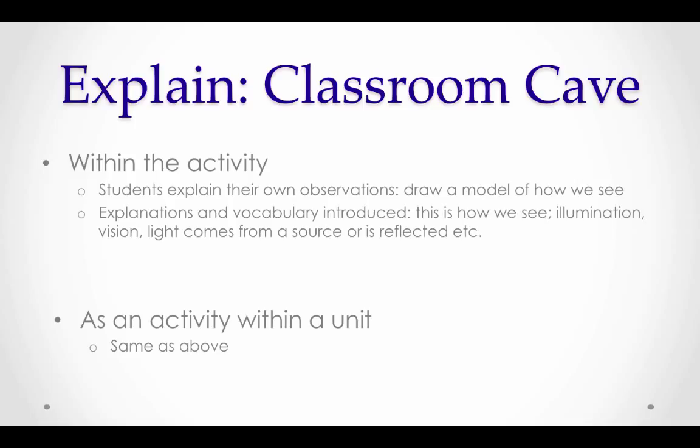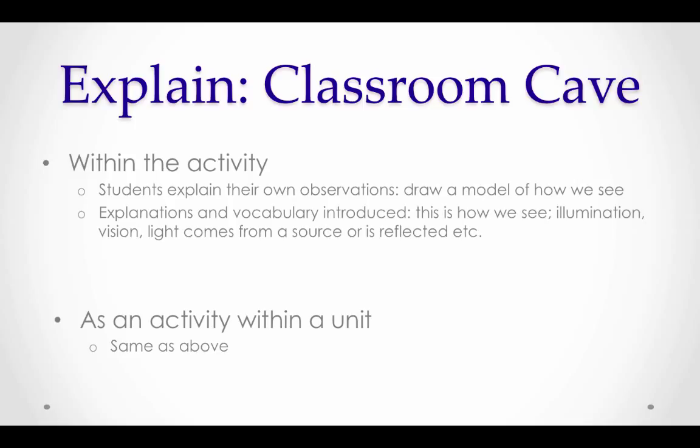So what about the classroom cave? Where did we see explain with the classroom cave? So within the activity, students do explain their own observations, and in the end, we're going to ask them to draw a model of how we see. So that is an explanation of what they have learned. Explanations and vocabulary are also introduced.